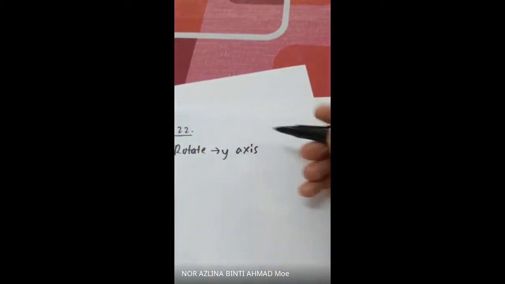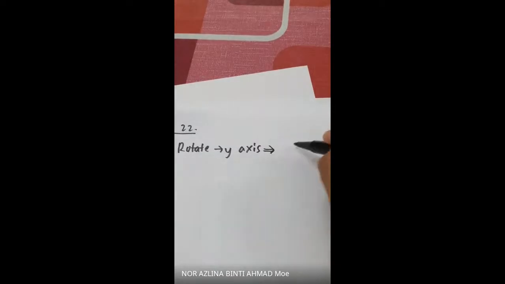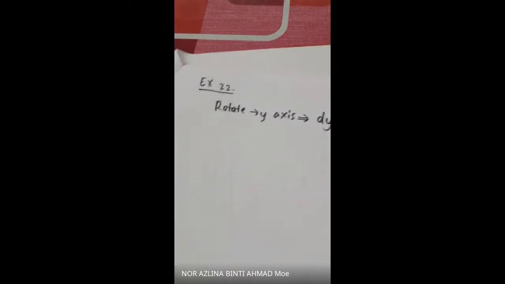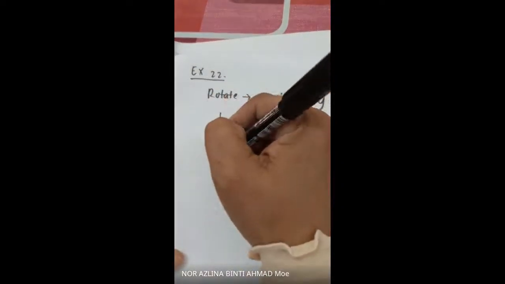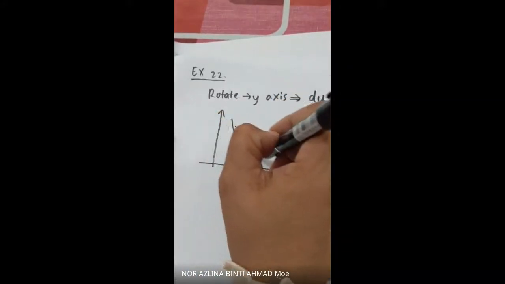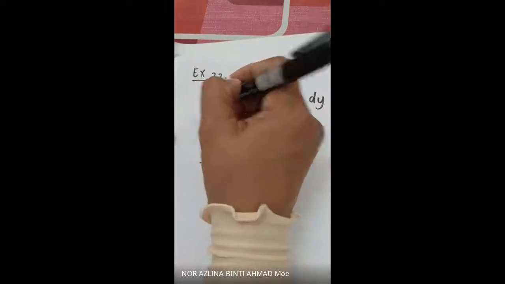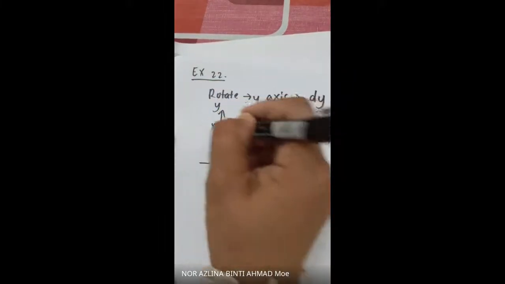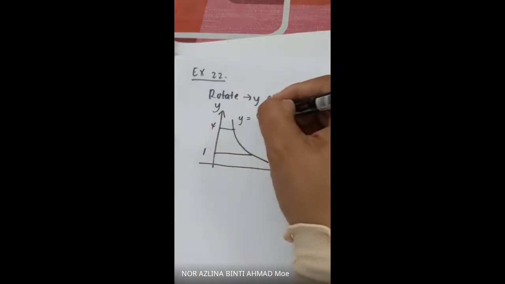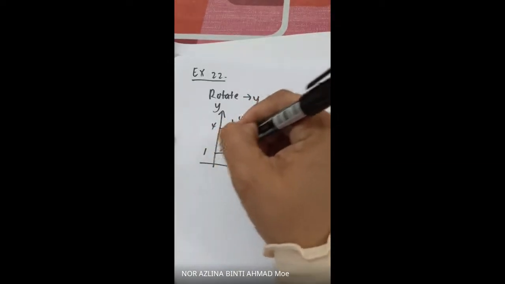What is the meaning rotate y-axis? Mean you need to integrate with respect to y, means dy. Okay, the region, this is x, and here y, 4, 1, this y equal to 6 over x, and this is the region.